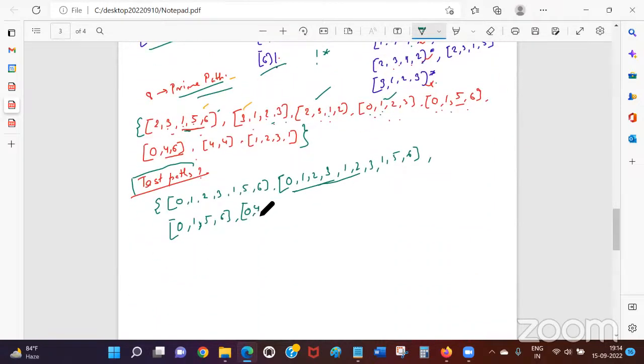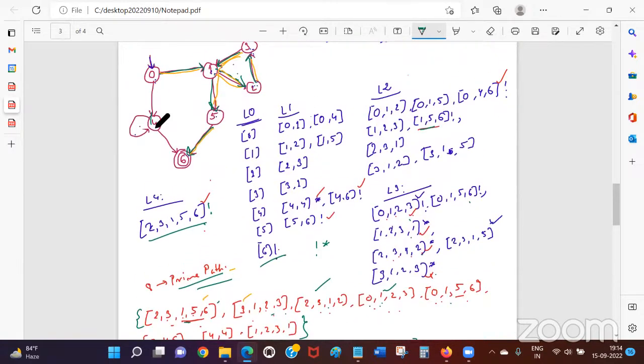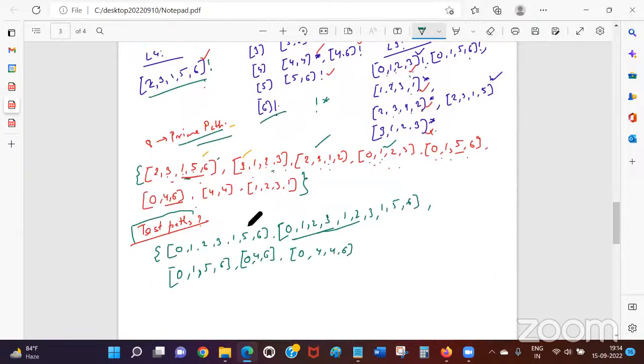I have a 4, 4, so I can have 0, 4, 4, 6. You can understand 0, 4, 6 skips the loop, and 0, 4, 4, 6 iterates the loop, right? Then the last one is 1, 2, 3, 1, which is already a subpath. So this is my test path for prime coverage.